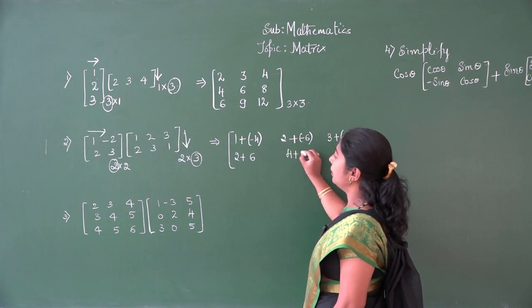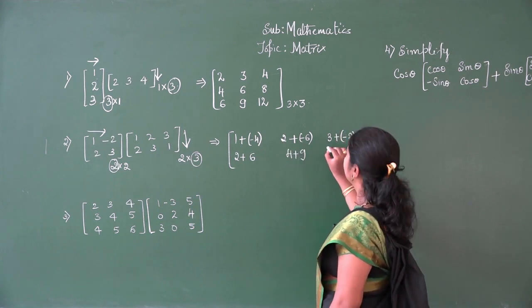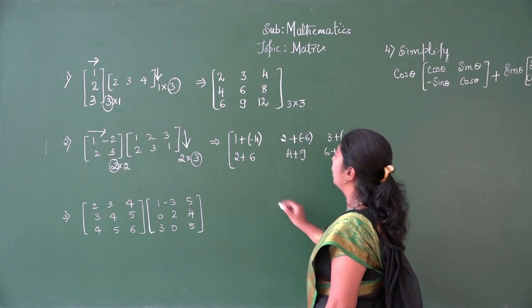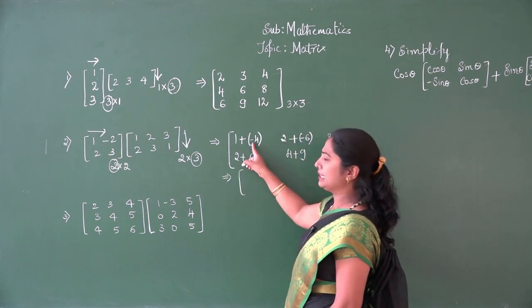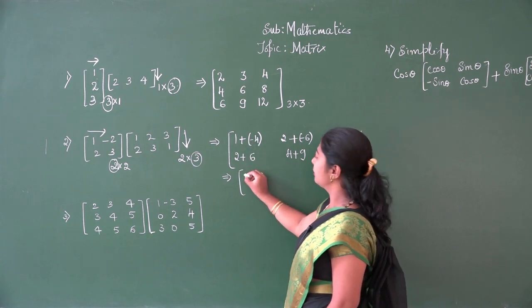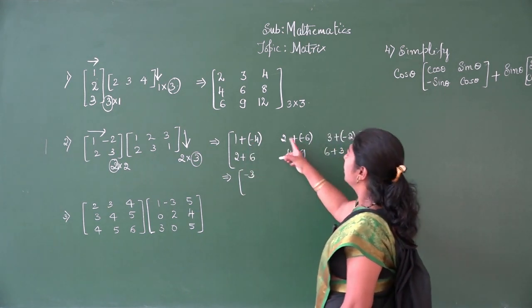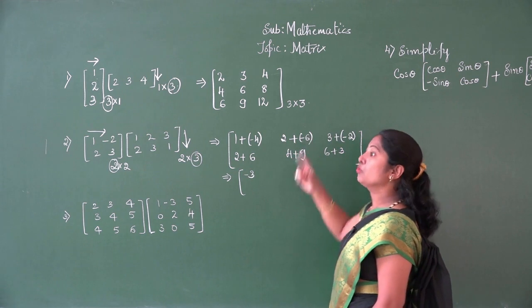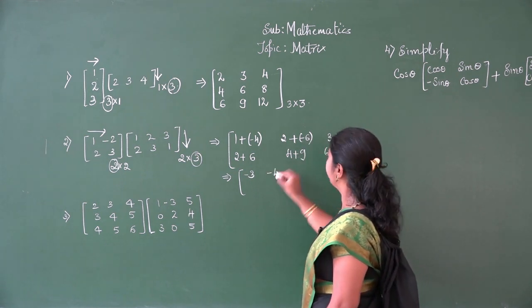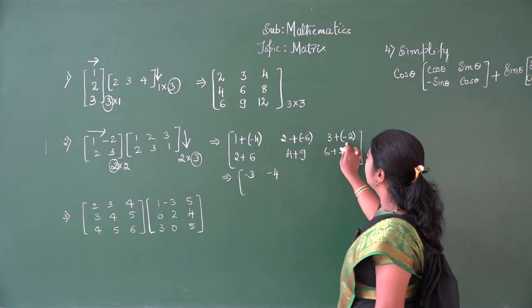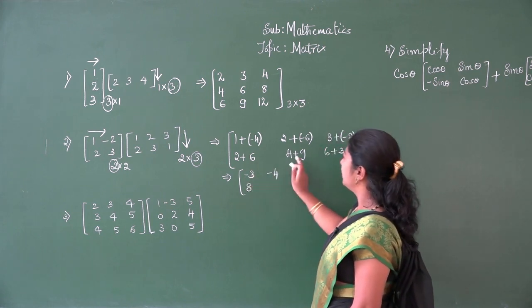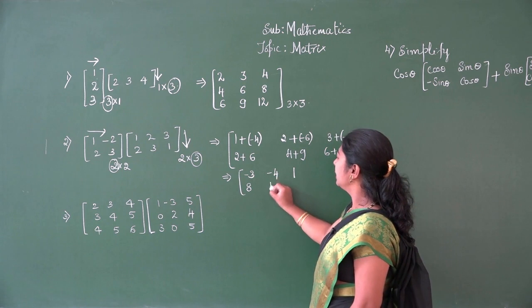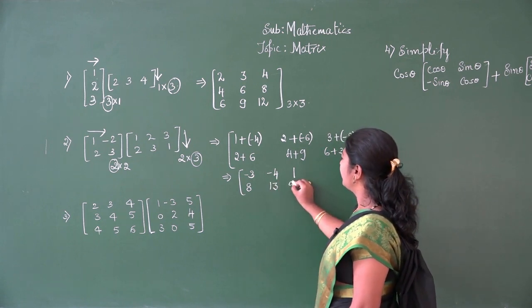Similarly, 4 plus 9 and 6 plus 3, which is 9, and so on for the remaining entries.